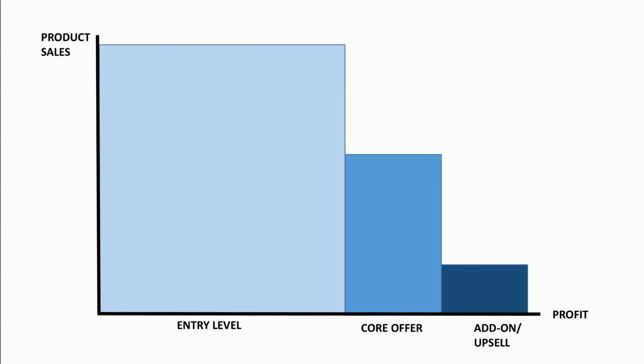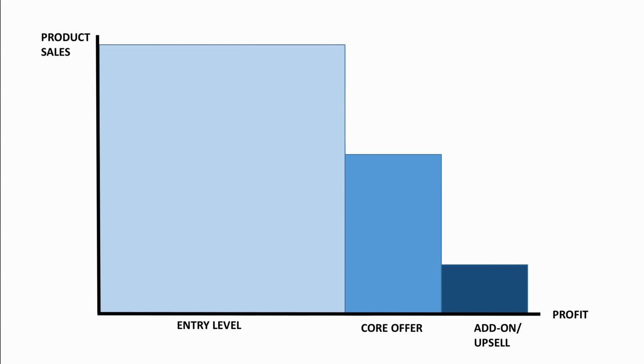So your entry-level products typically are very cheap, with a low barrier to entry. What I mean by low barrier to entry is it asks of the potential customer or lead a little amount of effort, usually a little amount of time, and it's always the smallest amount of money.